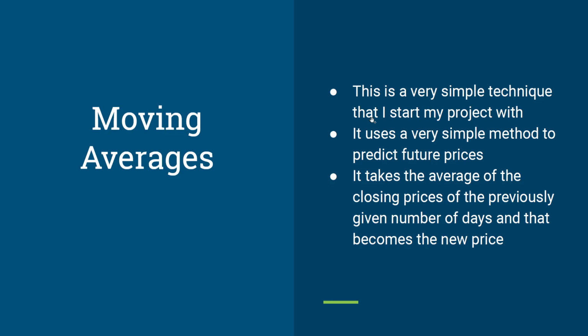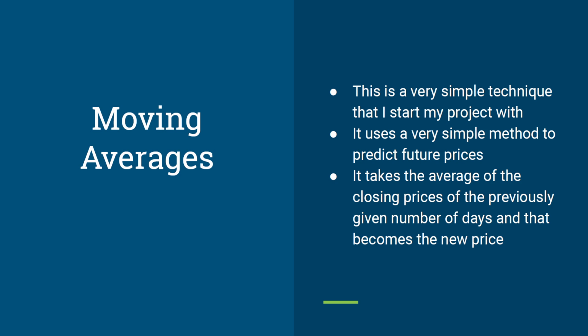Now moving on to my analysis, I started with the technique called moving averages. This was the simplest technique that I could find, and I've used it to analyze the future prices. It uses the average of the closing prices of the previous number of days which I have specified, and it becomes a new price.